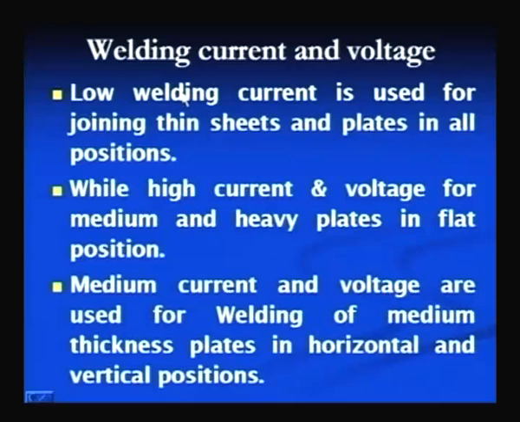So, for thin sheets we have to use the low current to avoid the melt through related defects, and high current is used in case of the heavy plate welding in flat position, particularly to get the benefit of the deeper penetration and the high deposition rate, and the medium current and voltage settings are used for medium thickness plates in vertical and the horizontal positions.